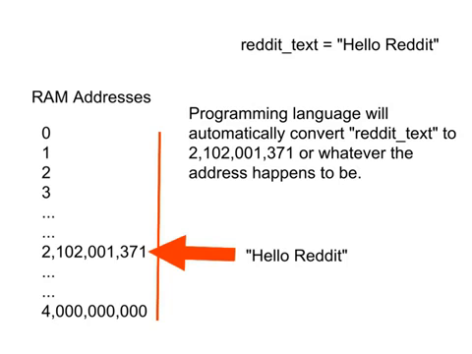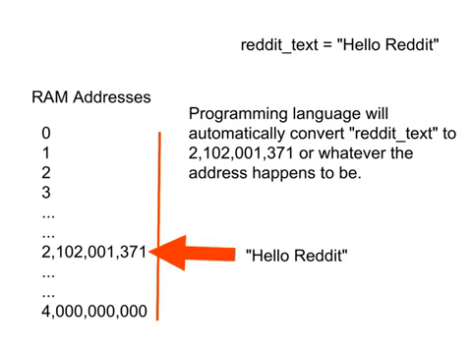So when I, as a programmer, write Reddit text equals hello Reddit, here's what happens. The text, the actual data, hello Reddit, gets placed into memory somewhere, at some address, and I don't know where. But for the sake of this lesson, let's imagine it's at this crazy address.